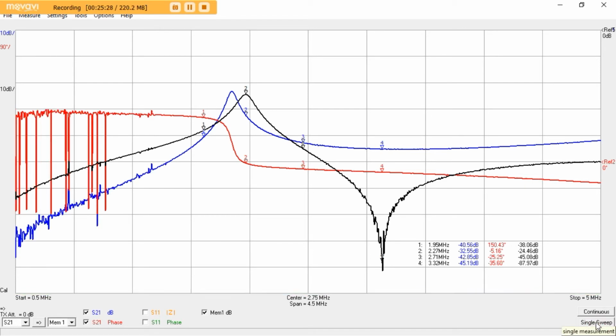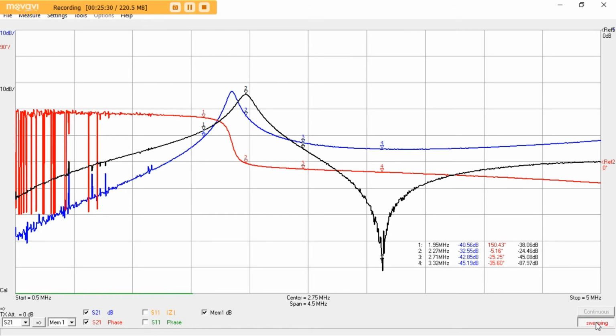That point seems to have disappeared completely. That parallel mode has disappeared completely.